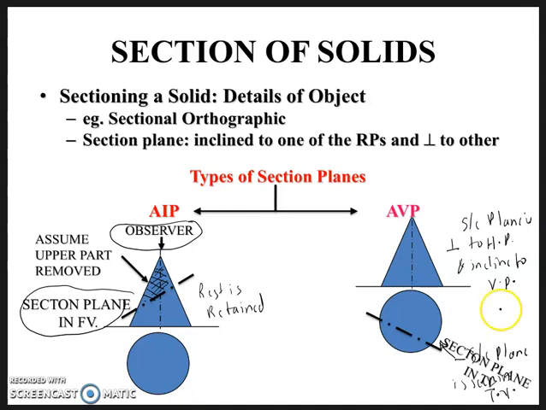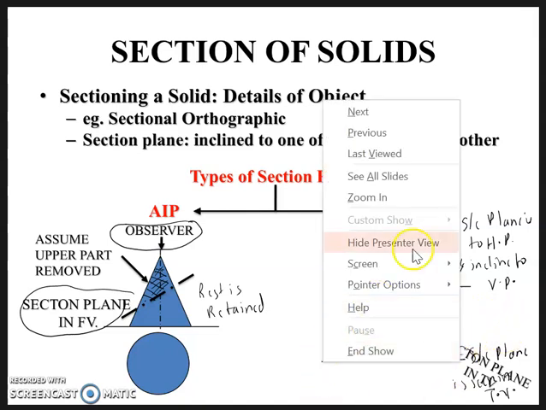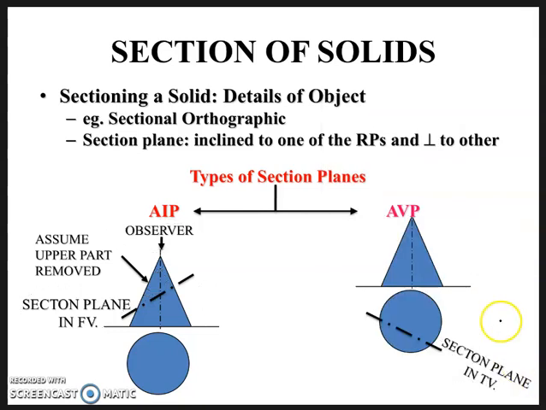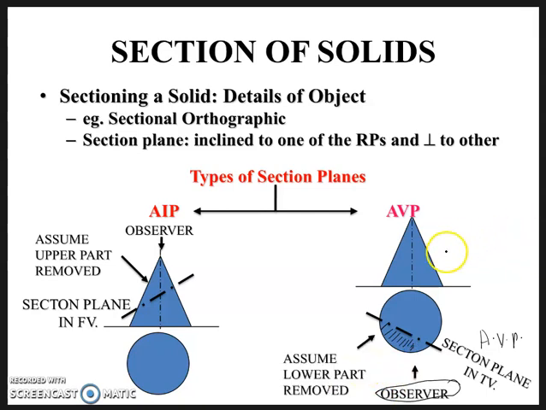This is the section plane, again in top view. So this is the auxiliary vertical plane, and again this is the position of the observer. The part of the solid between the section plane and the observer is removed, and the projections are drawn. How these projections are drawn, we will see when we do the example.